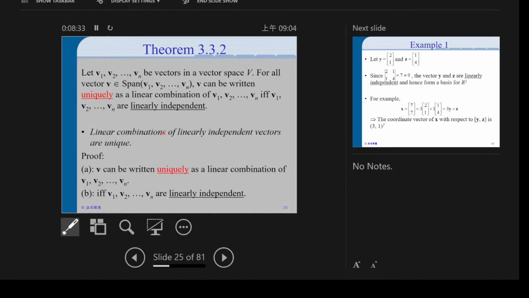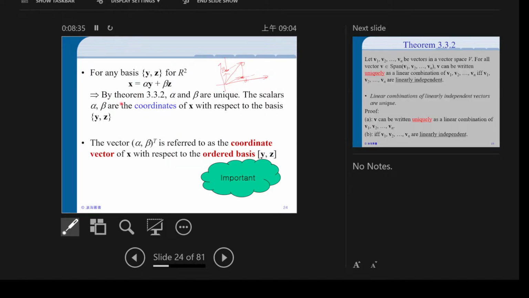Now we need to go back to something that we talked about before. Way back in 3.3, by Theorem 3.3, whenever you have a basis, the alpha and beta numbers are unique. So these coordinate numbers are well defined.